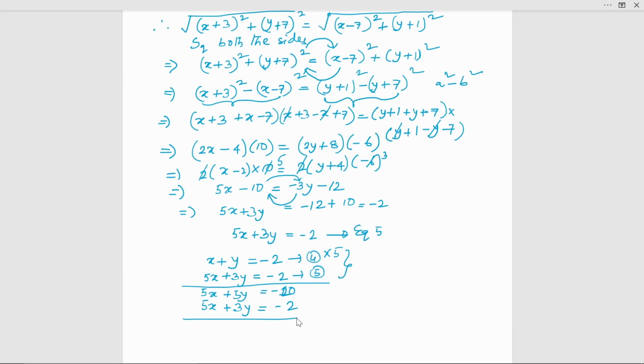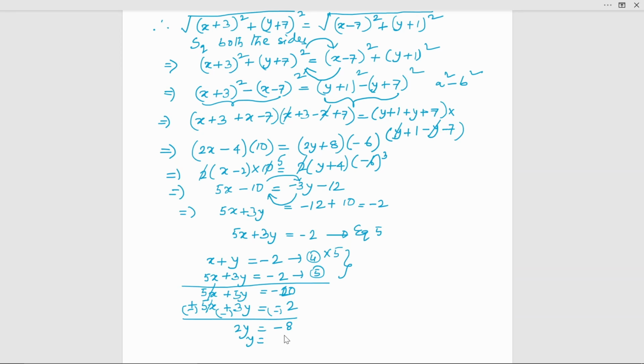Now subtracting the below equation from the above equation, so plus minus minus, this becomes minus. So we have 5x gone, 5y minus 3y is 2y, and minus 10 plus 2 becomes minus 8.